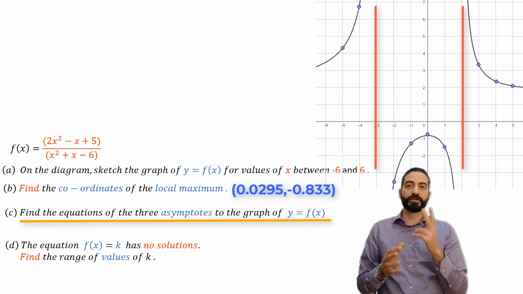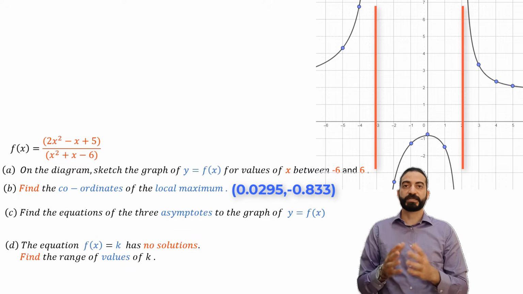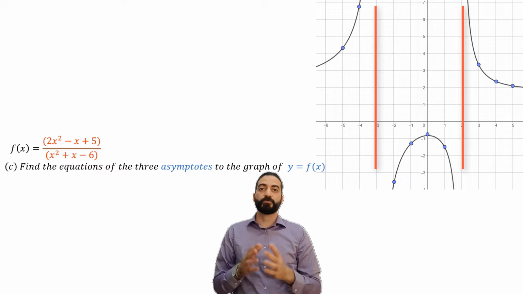We now move to part C. Find the equations of the three asymptotes to the graph of y equal f(x). When a question asks about asymptotes, we search first for vertical asymptotes and horizontal asymptotes. Vertical asymptote is when we have x equal constant and the answer of the limit equal infinity.